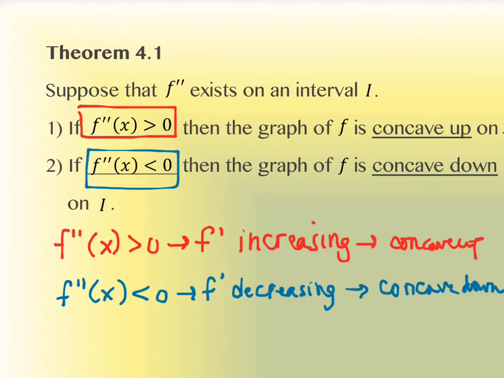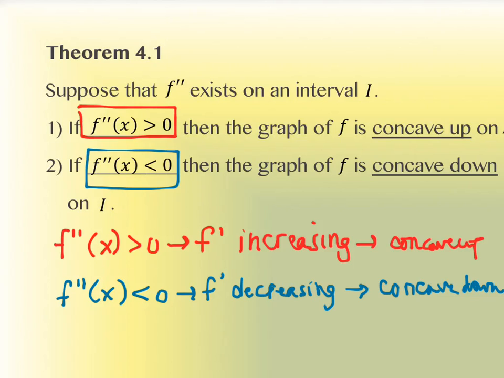So these are all equivalent pieces of information. Now, the reality is that when we test whether something's concave up or concave down, we usually ignore the in-between step, the information about the first derivative. We just test: is the second derivative positive? If so, it's concave up. Is the second derivative negative? If so, it's concave down. So we use these outer pieces of information.